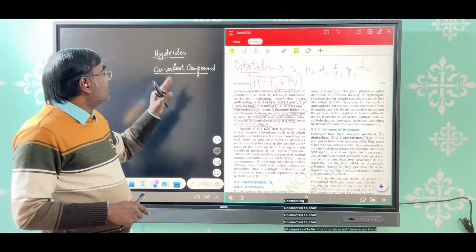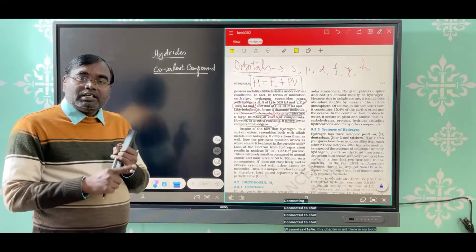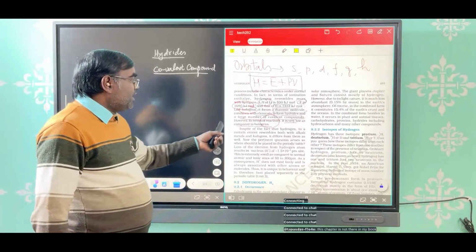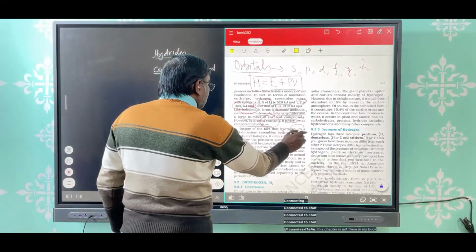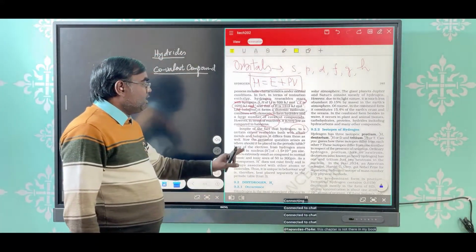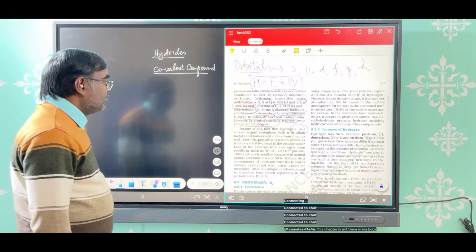But in terms of enthalpy, hydrogen ionization enthalpy is more than the alkalis and very close to the halogens. In spite of the fact that hydrogen to a certain extent resembles both the alkalis as well as the halogens, it differs from them as well. Now the pertinent question arises: where should it be placed in the periodic table?